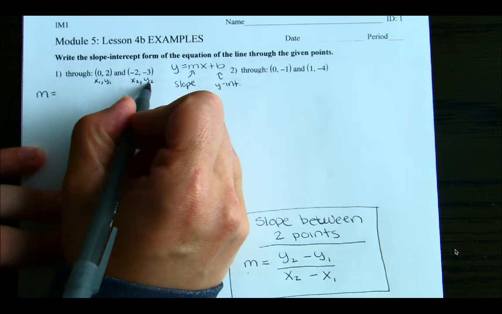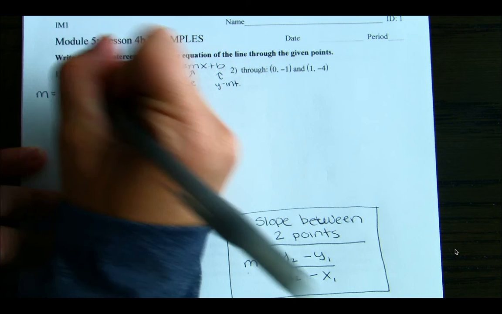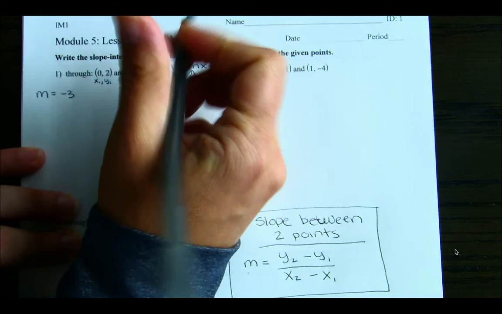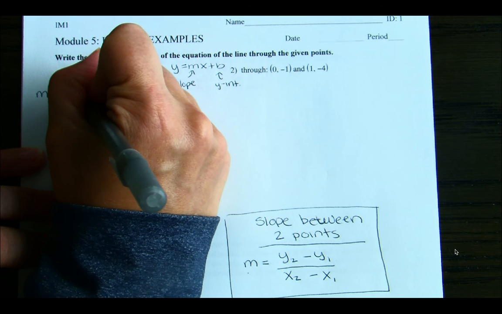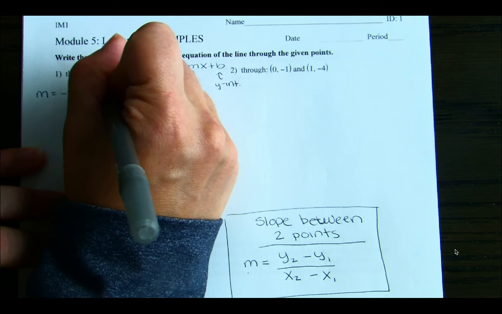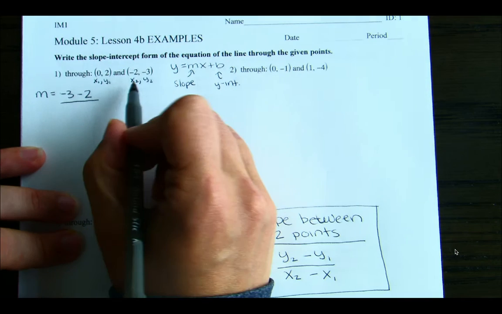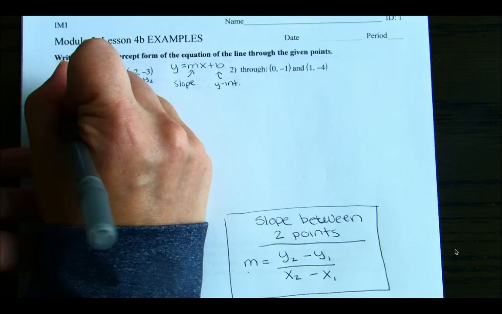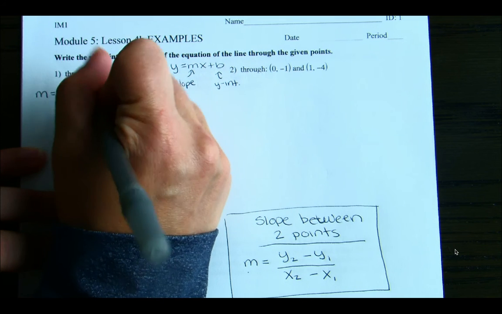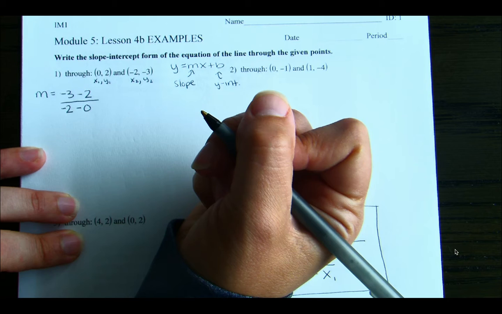So my y2 value is -3. My y1 value is 2. So I have -3 minus 2 over x2, which is -2, minus 0, which is our x1 value.